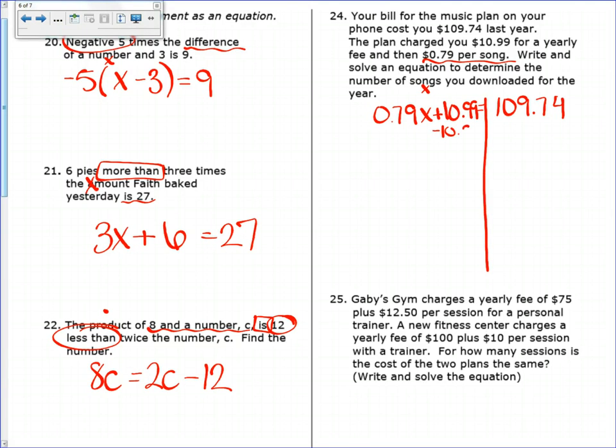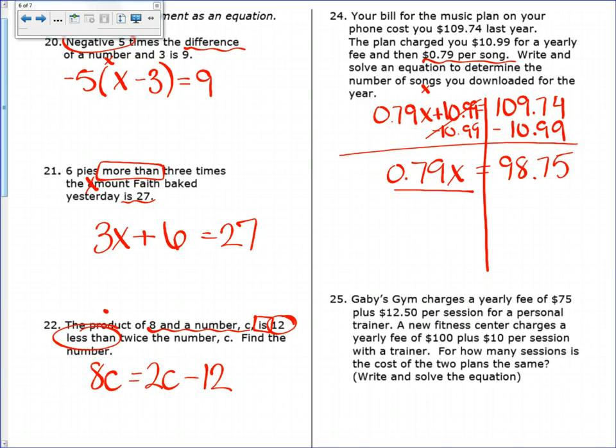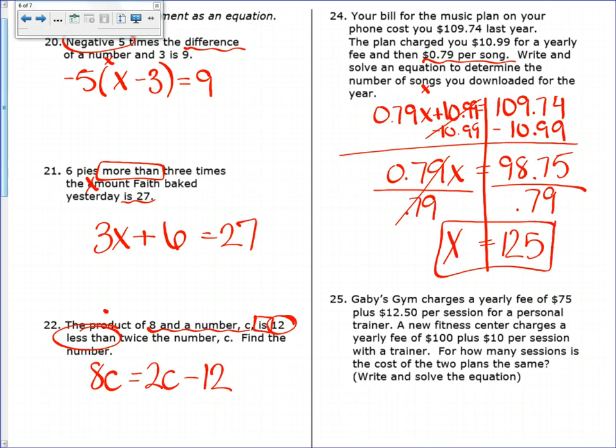Solve, minus $10.99. So 0.79x equals 98.75 and divide by 0.79. X equals 125. So 125 songs.